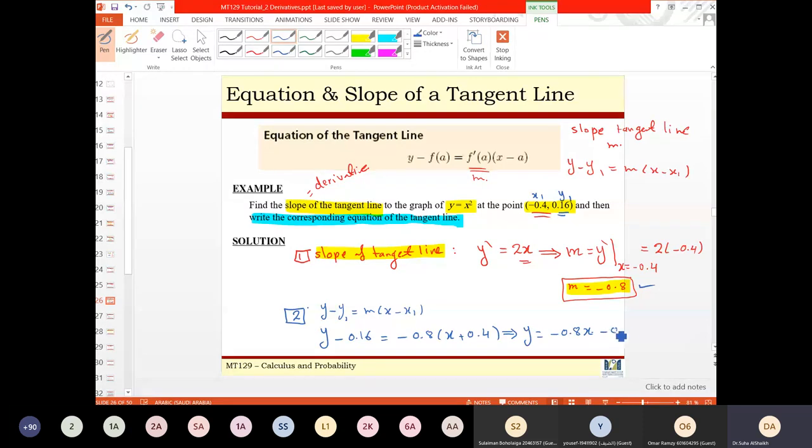So this is minus 0.32 plus 0.16 اللي جت من هنا. So we will get y equal to minus 0.8 في ال x. This will be minus 0.16. And this is the tangent line equation that we wanted to find. Okay? Was it clear?